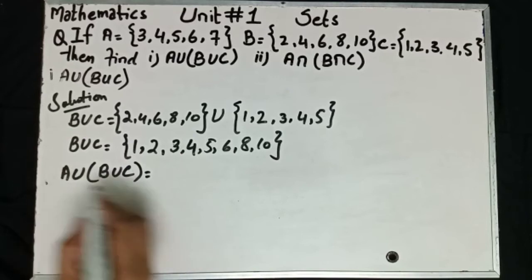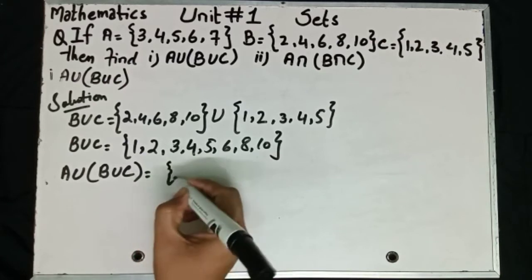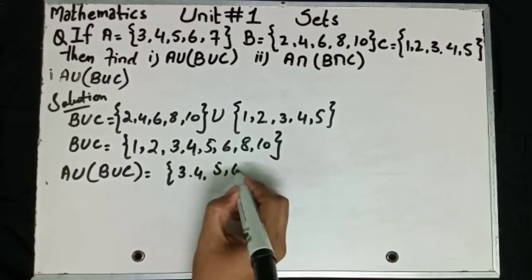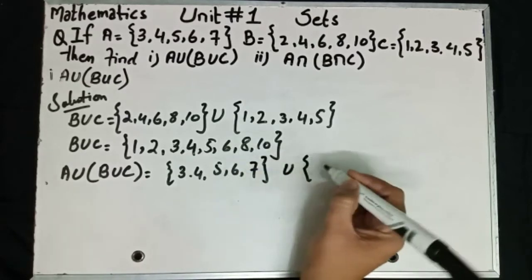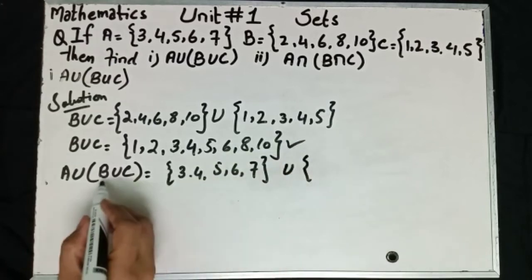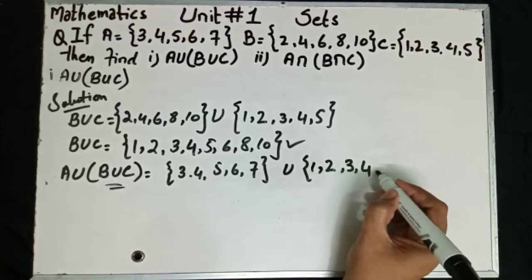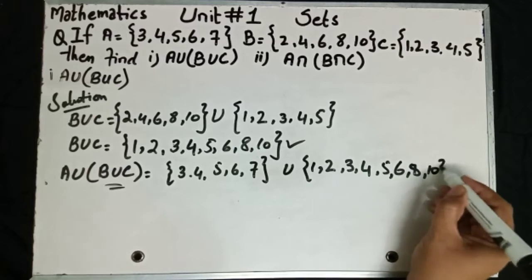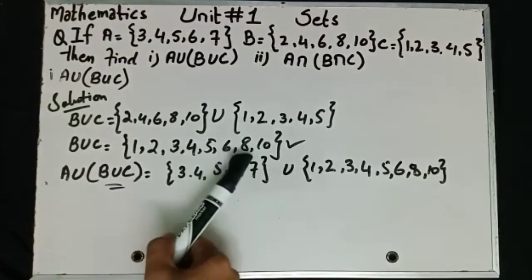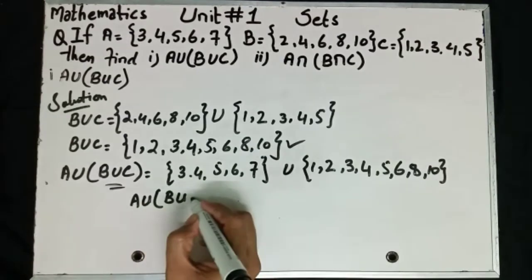For this part, first we write down the elements of the first set, set A: {3, 4, 5, 6, 7}, bracket close, union, then copy the answer of B union C: 1, 2, 3, 4, 5, 6, 8, 10. Now the answer of A union (B union C).